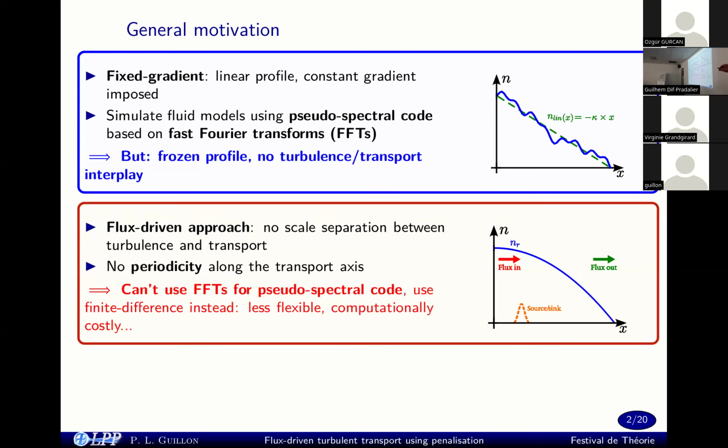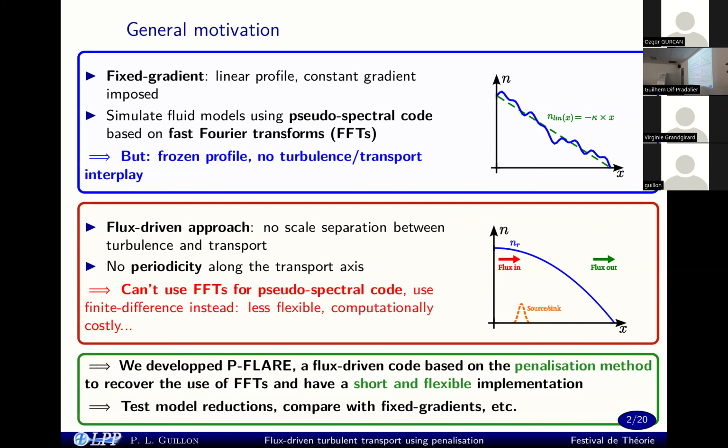Instead, we can rely on finite difference schemes, but they are less flexible, especially if we're interested in model reductions. To recover the flexibility of fast Fourier transforms and have a concise implementation, we developed Hitler, which is a flux-driven code based on the penalization method. As a first test, we applied it to the flux-driven Hasegawa-Wakatani system, but it can be easily modified to study your favorite fluid system.